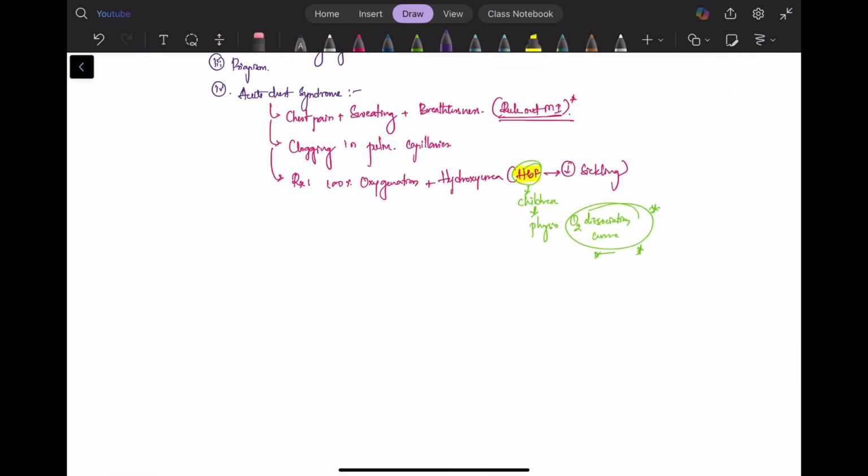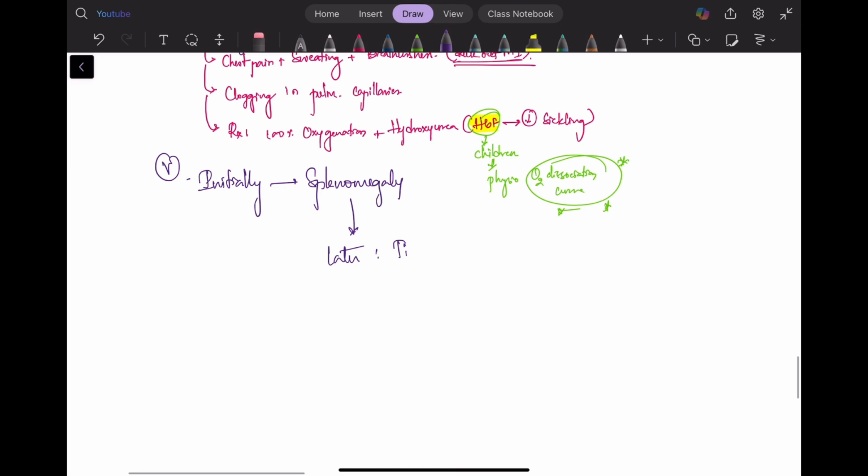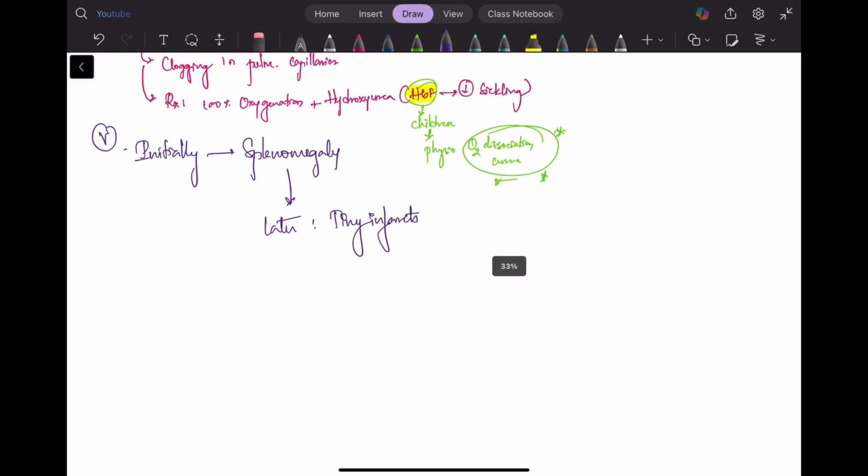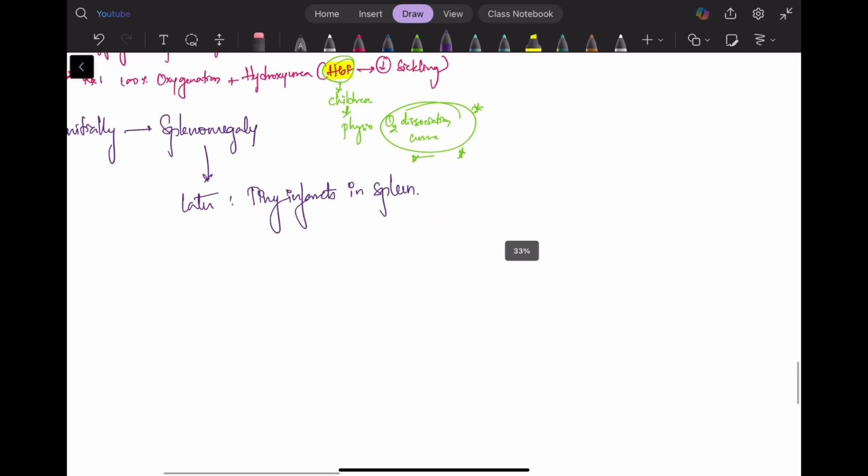Then what next? Then another symptom: initially it shows splenomegaly, but later, what happens at the end, we require only the final thing. Later there are tiny infarcts in the spleen. The spleen is not a special organ, right?